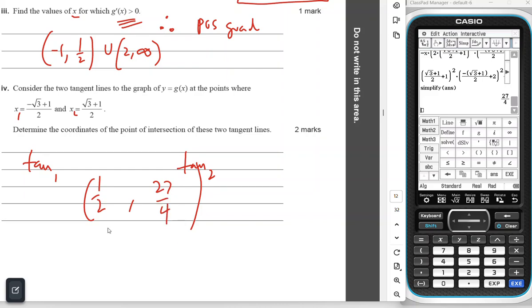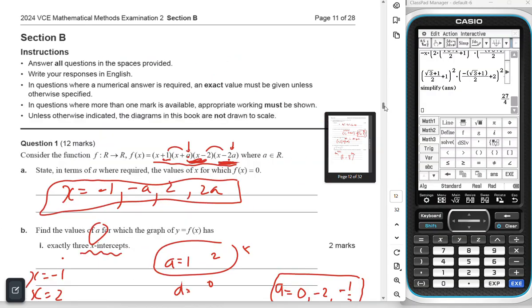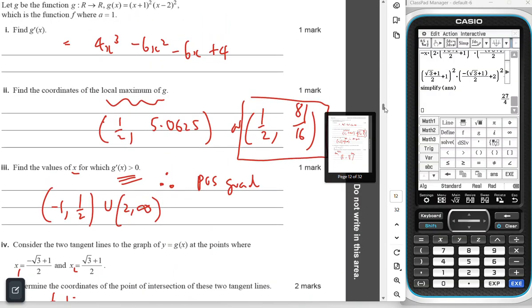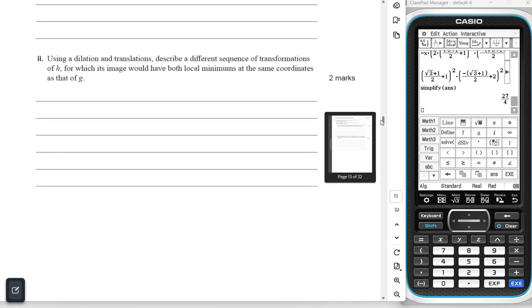It's worth 2 marks. So I did tan line to, what's our function called? G of x.